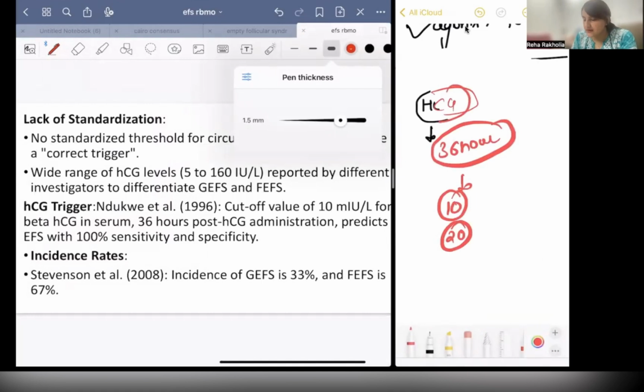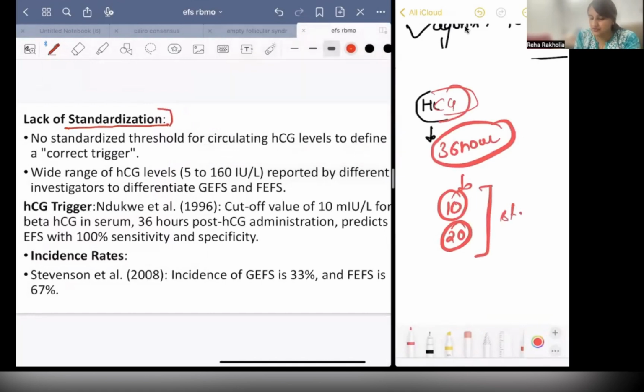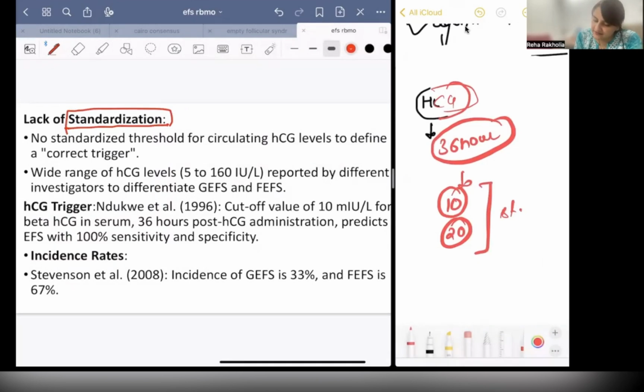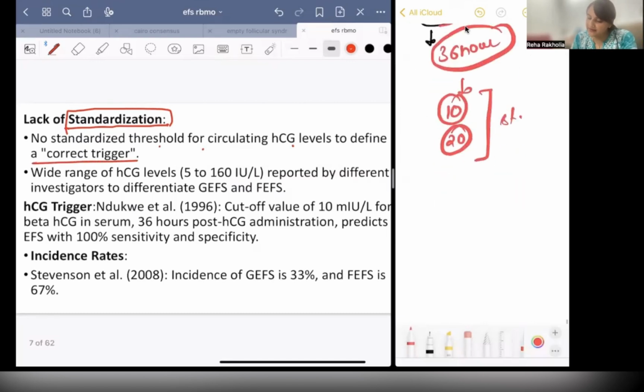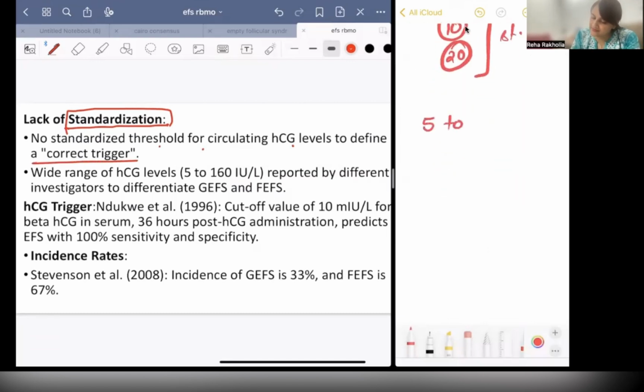There is no standardization. So lack of standardization. No standardized threshold for circulating HCG level to define the correct trigger. There may be a wide range, 5 to 160 international units per liter, reported by different investigators for genuine EFS and false empty follicular syndrome.